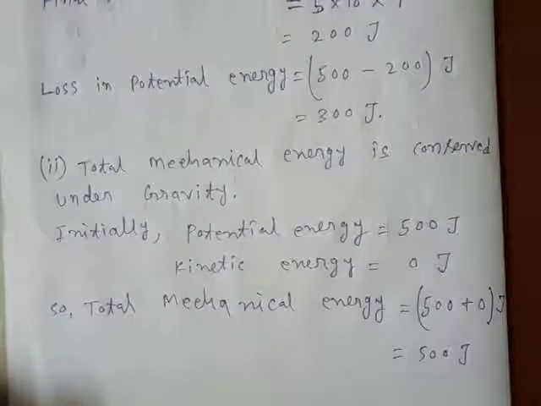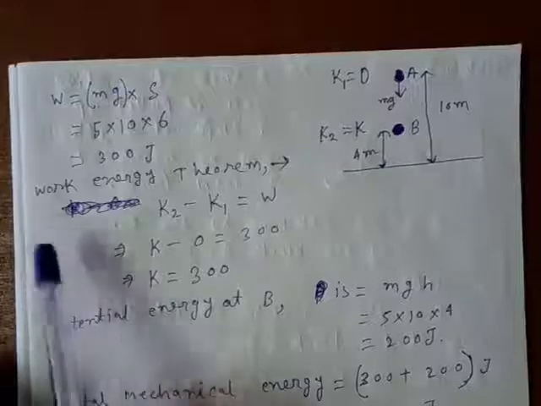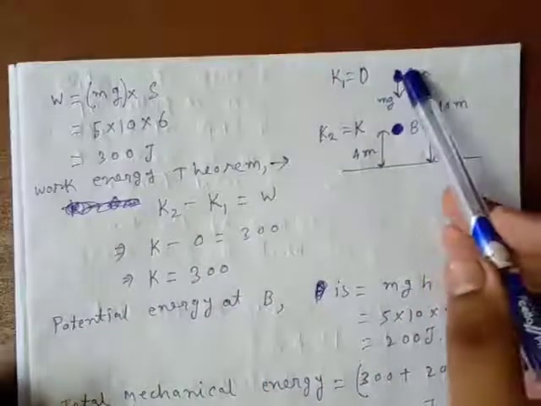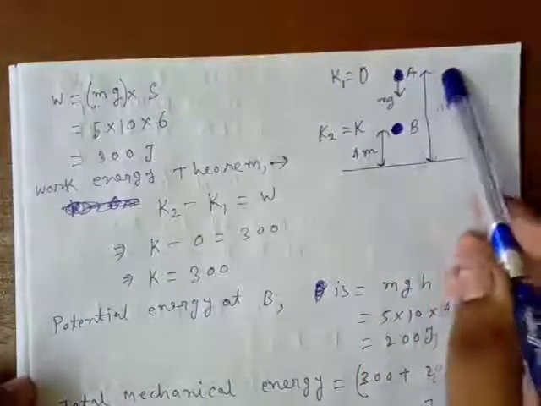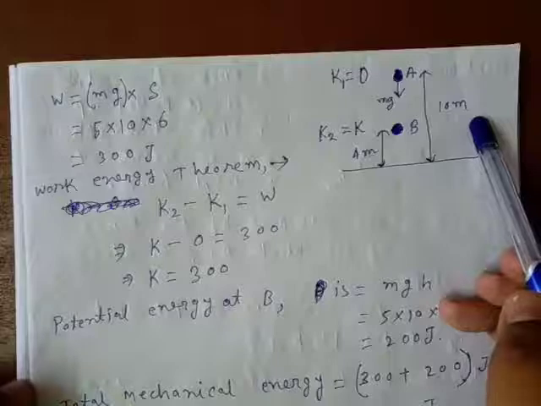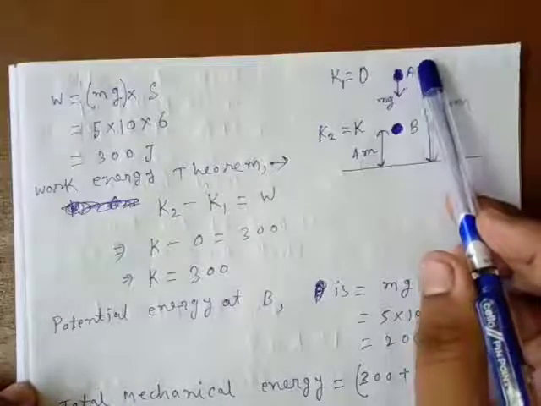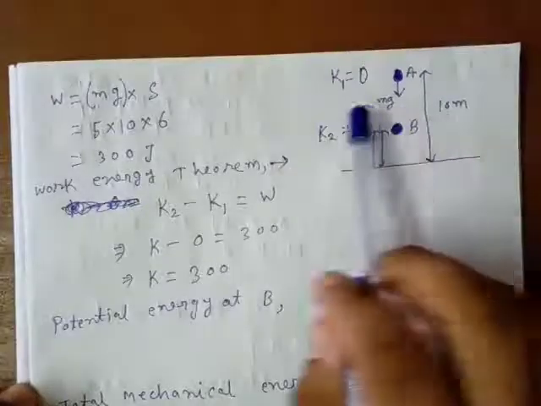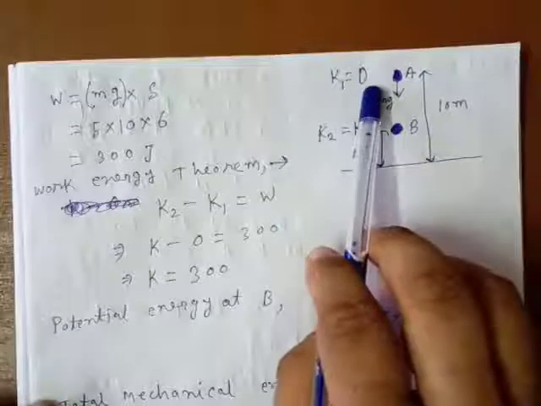Now let me prove this one. Suppose the body moves from point A to point B. At point A the height is 10 meter, so it has potential energy of 500 joule, and at point A kinetic energy is 0 because it is at rest.